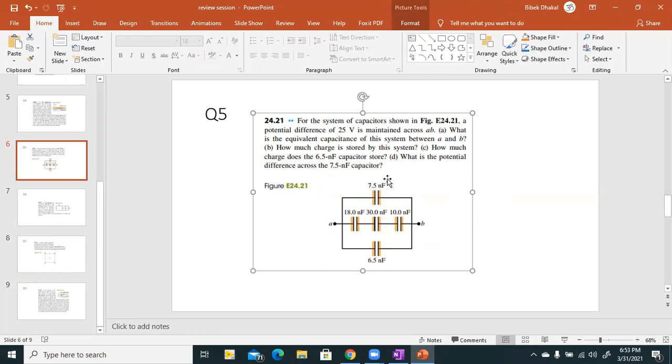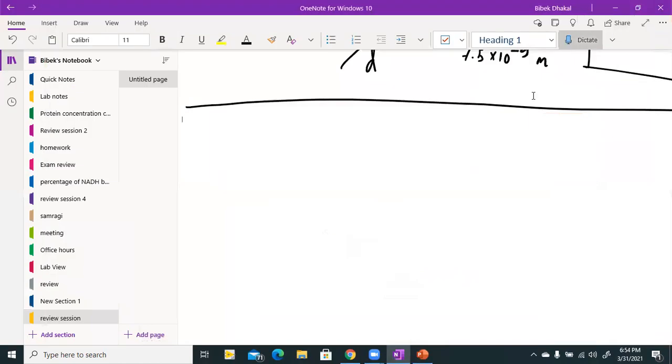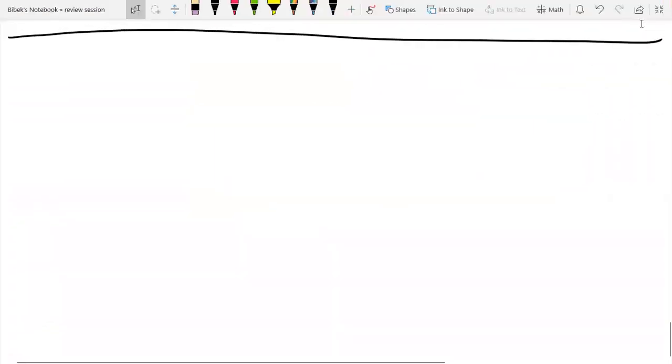You'll also need to find the charge stored by the 6.5 nanofarad capacitor and the potential drop across the 7.5 nanofarad capacitor. Okay, let's do this one.